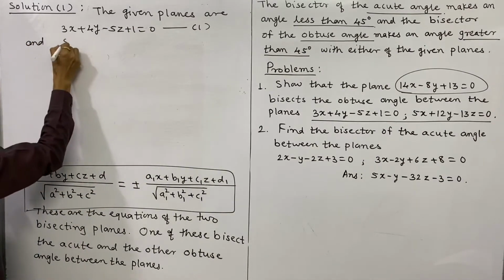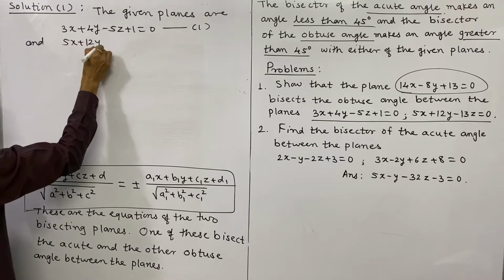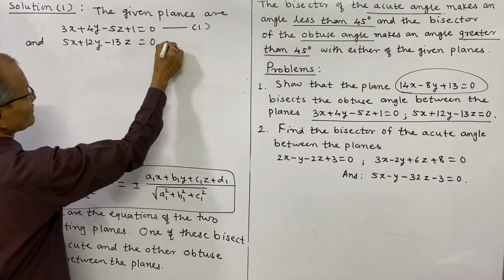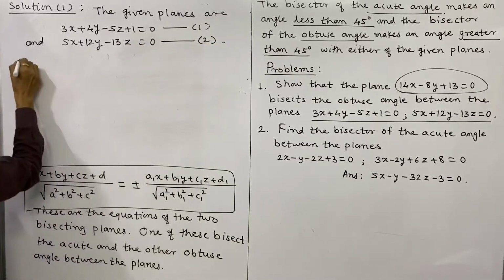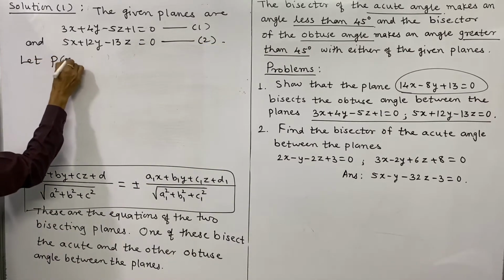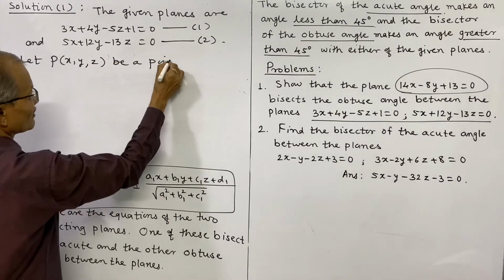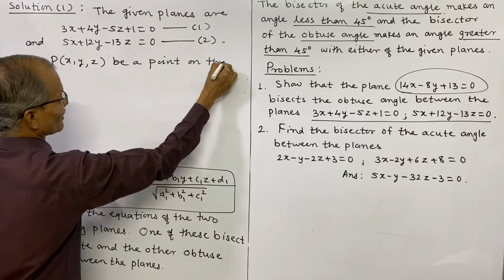and 2. So let P(x, y, z) be a point on the bisector plane.